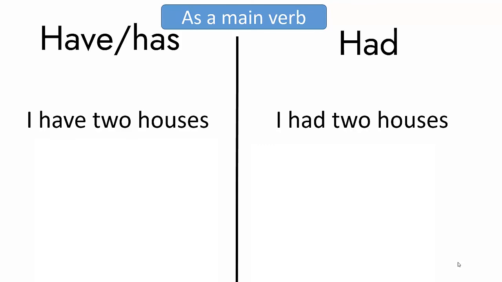Before Corona hit the world, that means earlier I had. Here, even if you don't say I had 2 houses last year, it means this year I don't have. You can use it with past. So had is a clear past if it is used as a main verb, whereas have/has is a clear present.